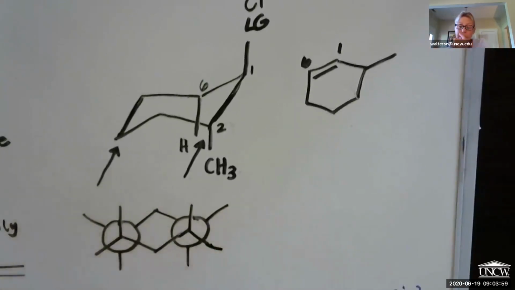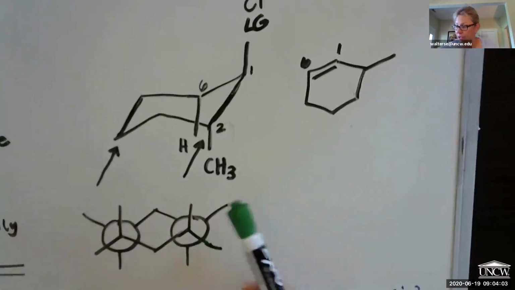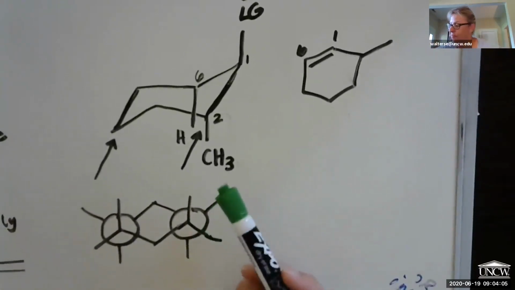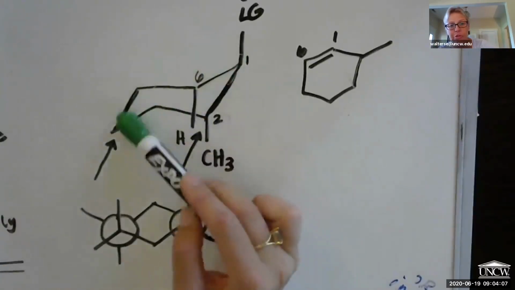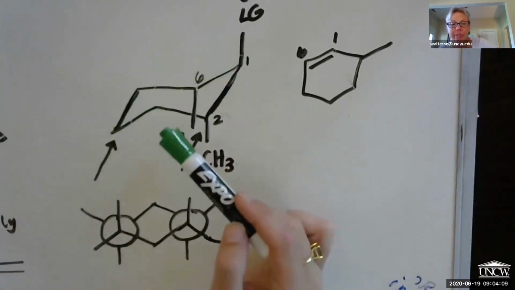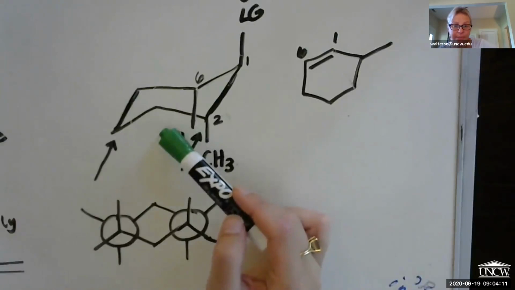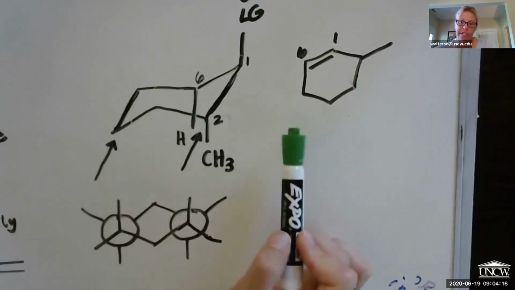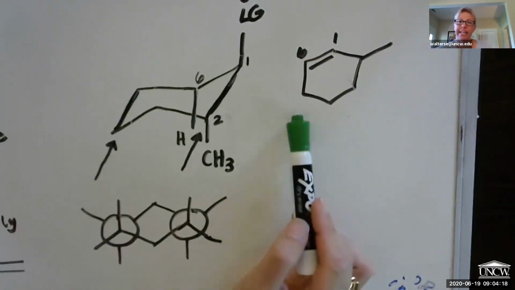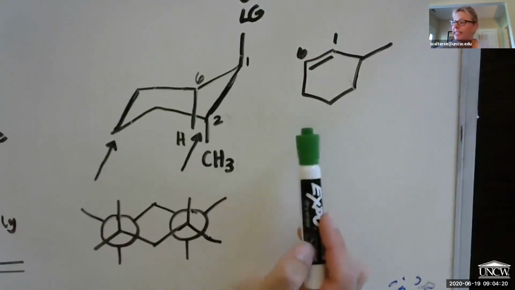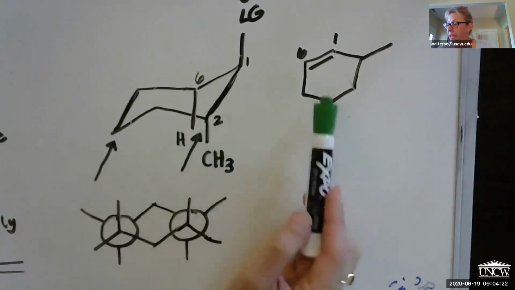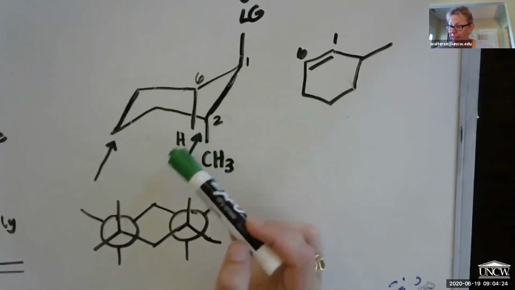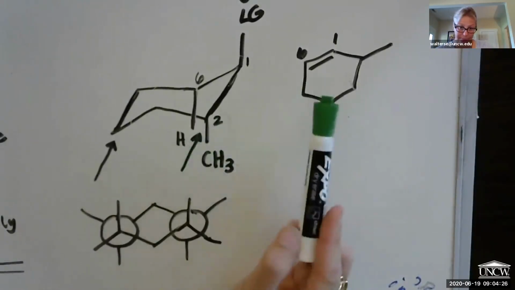And so they're tricky. They are tricky. So the way I would approach it is be able to have a ring substituted, be able to flip it, which is a skill you need from chapter 4, the cyclohexane or cycloalkanes, and then be able to identify the correct hydrogens.